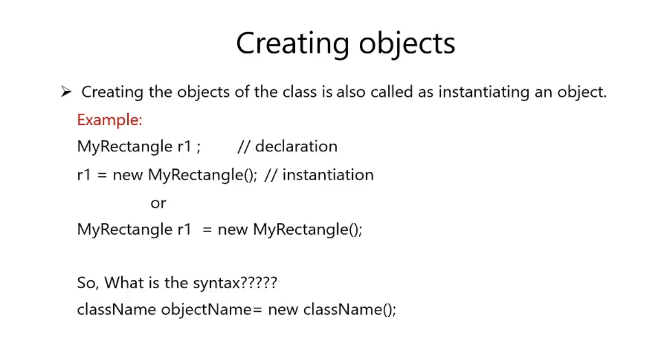Acquire an actual physical copy of the object and assign it to that variable using the new operator. What is the purpose of the new operator? To allocate the memory dynamically for the object and return the reference to it. So first step, declare the object, and second step, instantiation. These are the two steps followed in the creation of the object.